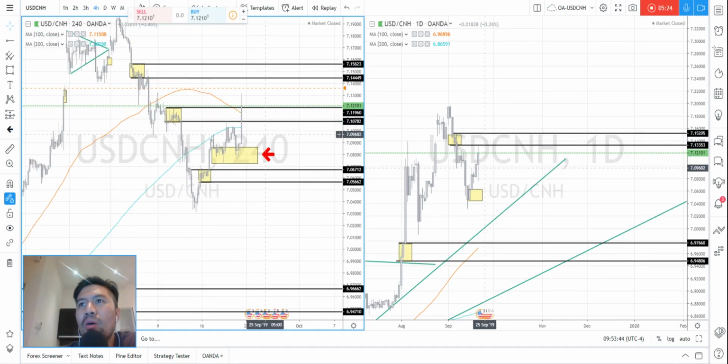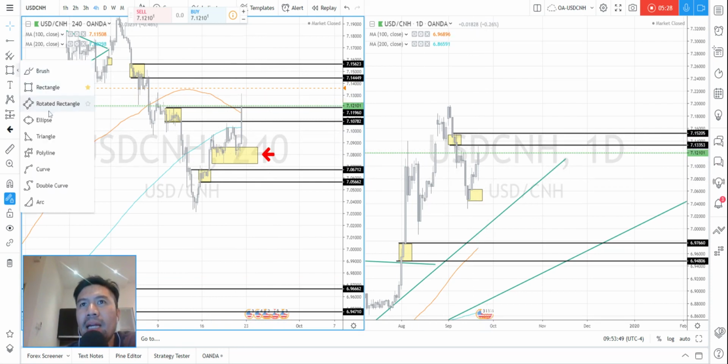If this one goes to here, because we have demand here which could be a bump, and of course we cannot guarantee that the price will just go down straight, not like that. So we have to control our trade by using risk management.